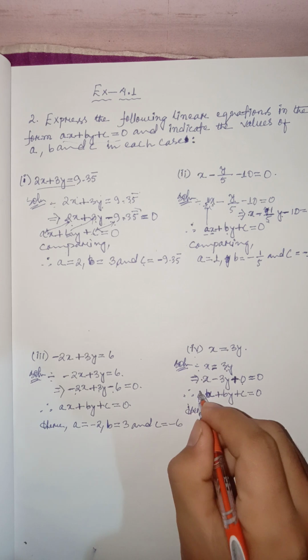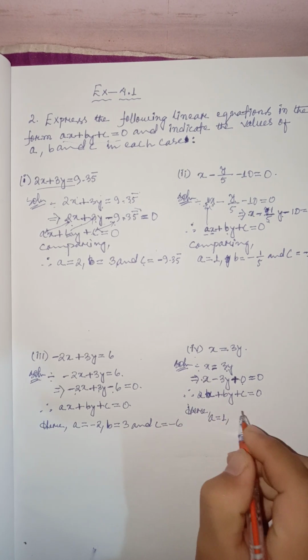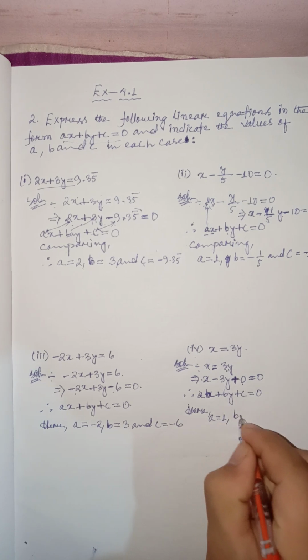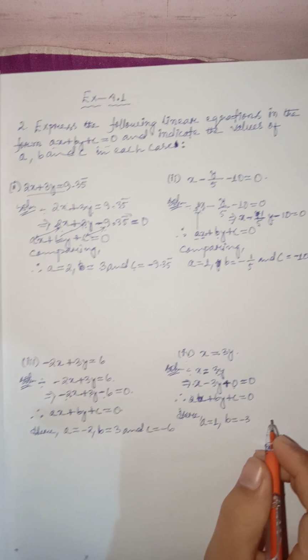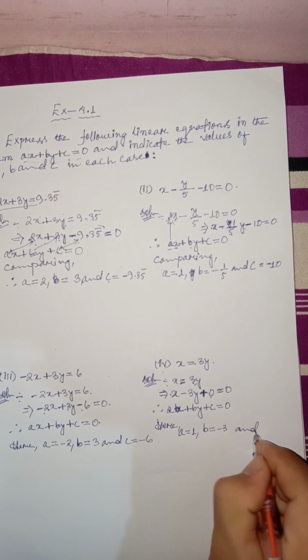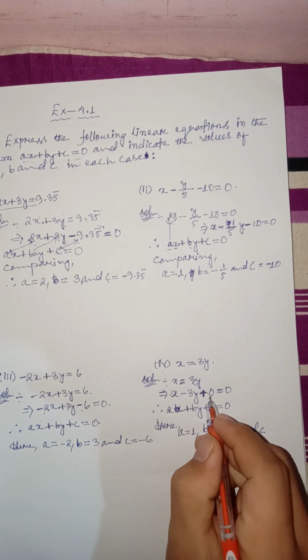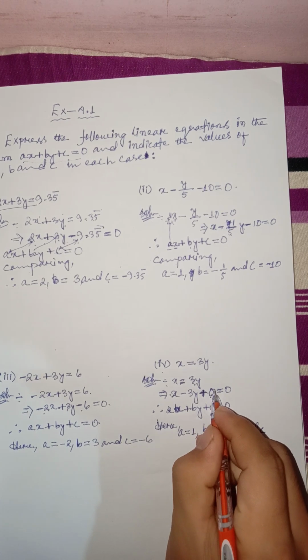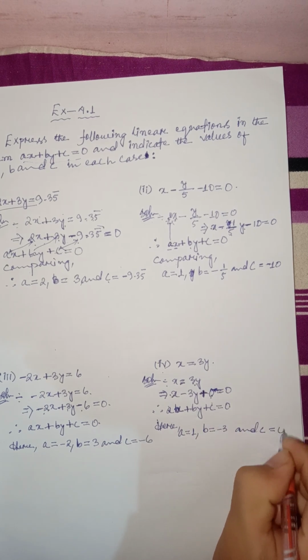It is 1, which will be the value of a. And proceeding like this, the value of b will be minus 3. And at last, the value of c. What is the value of c? Actually, we took 0. Means there is no value of c. Thus, we just took 0. Means the value of c will be 0.